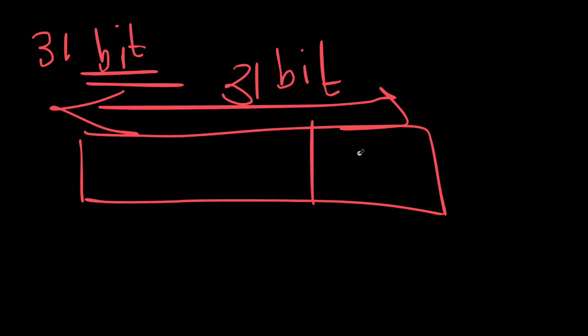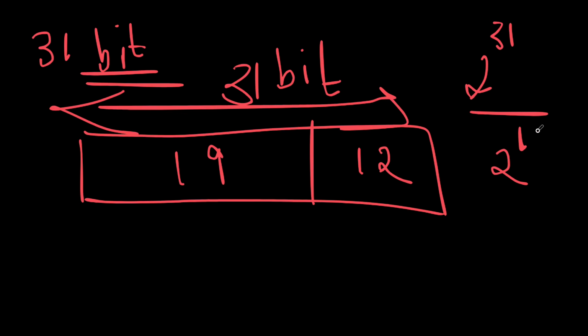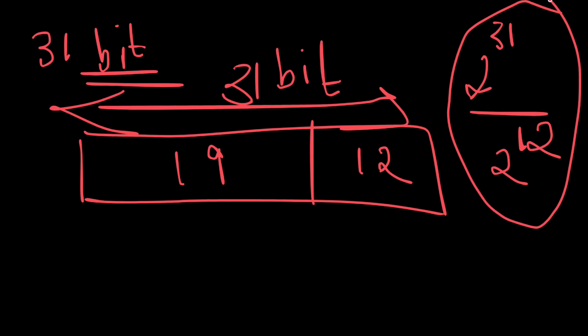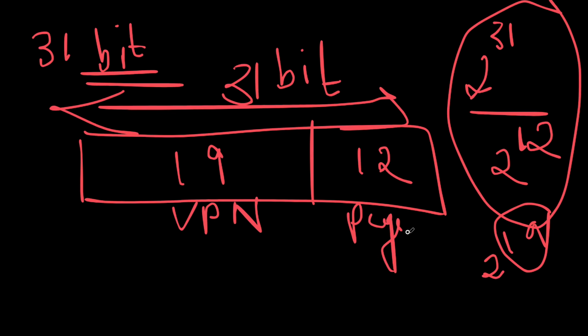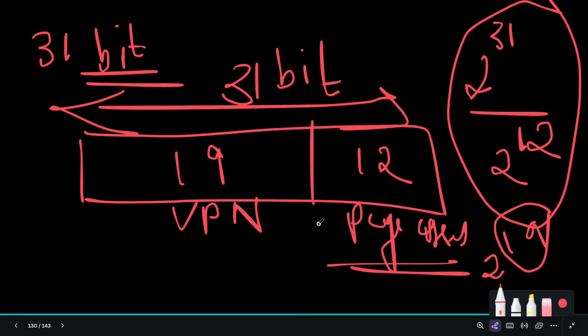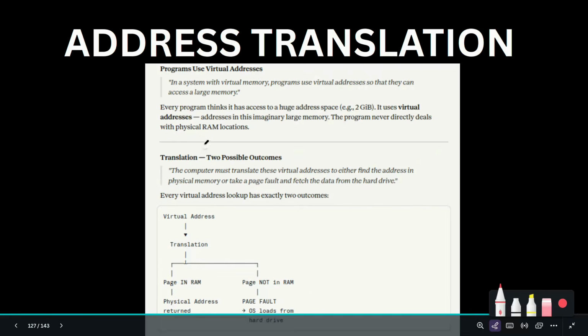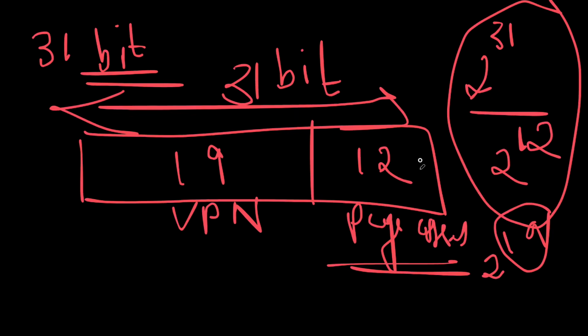That means the least significant 12 bits are the offset. The rest, 31 minus 12, that is 19, which you can also calculate using 2 raised to 31, the total capacity, divided by the page size 2 raised to 12, gives 2 raised to 19, and its bit count is 19. So this is my virtual page number, and this is my page offset. That is what it means here. I hope you have understood this part.